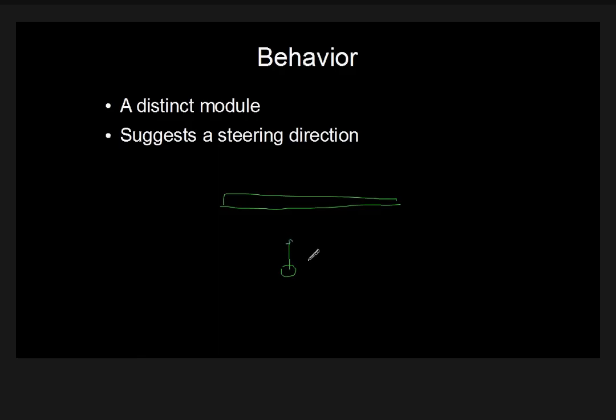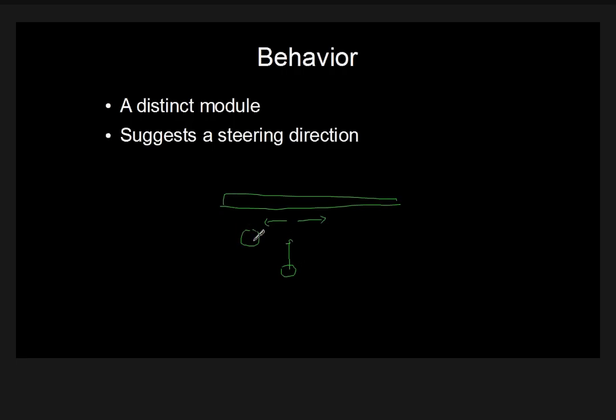One of our behaviors offers a steering direction to the left because we are standing in front of a wall, and the obstacle avoidance is trying not to collide with the obstacle. Then there's another man waiting, and one of our behaviors, the separation behavior, suggests a steering direction to the right because we have to avoid this person.